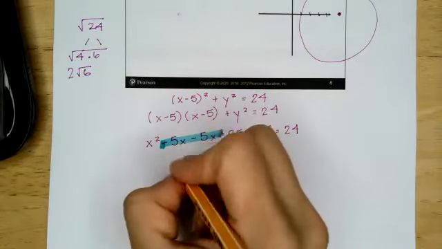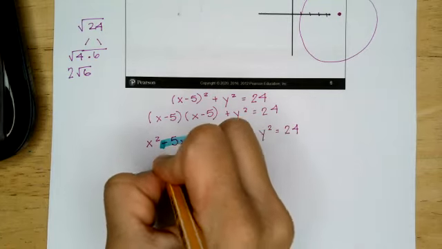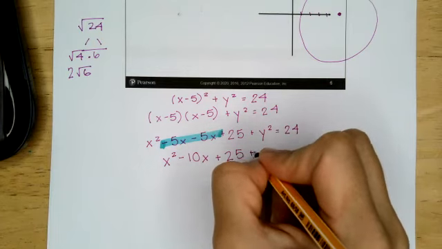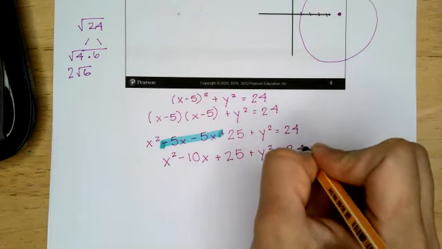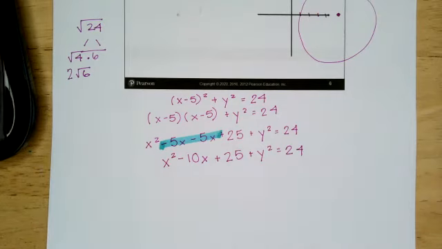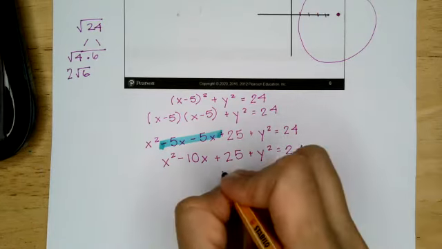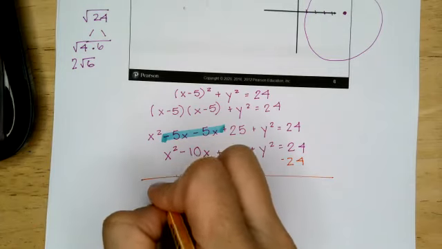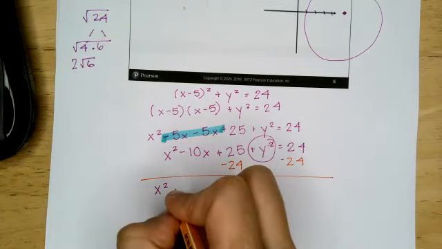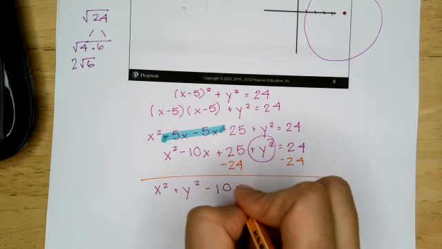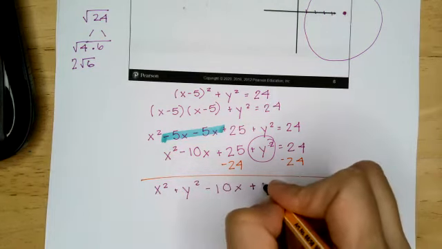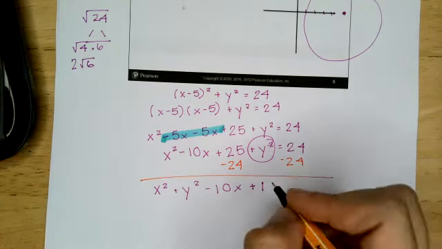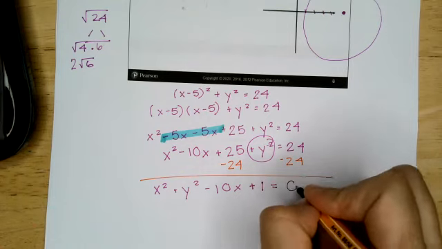These two can be combined into negative 10x. I've combined like terms. Now I can move that positive 24 over. And I get x squared plus y squared minus 10x plus 1 equals 0.